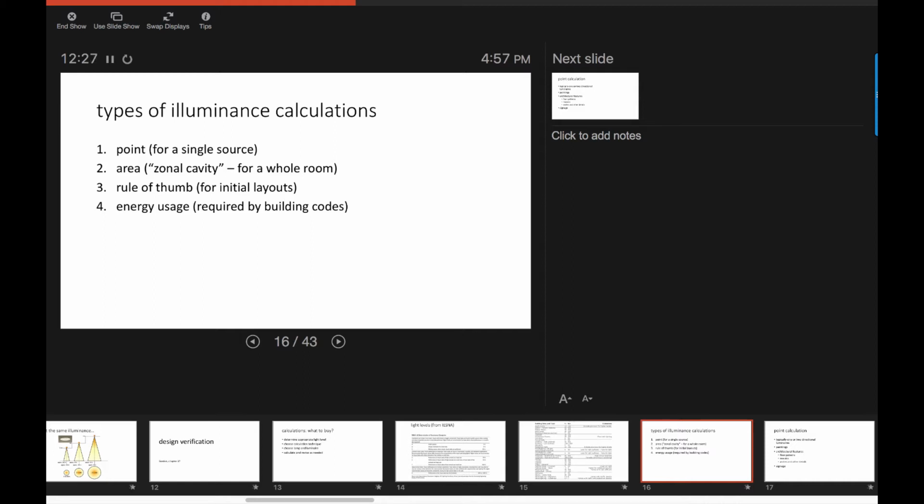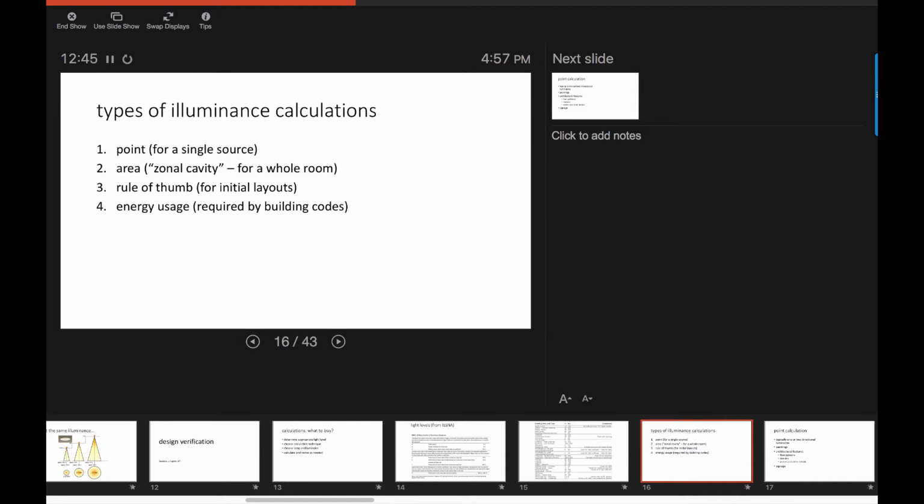One called an area method of calculation, otherwise known as zonal cavity, which the book refers to in chapter 17, is usually what you use for a whole room. Typically, this is good for general lighting.